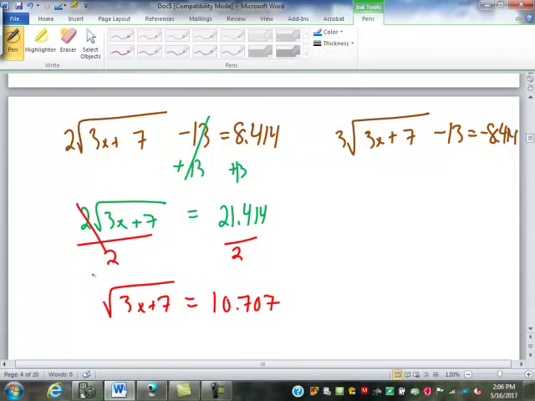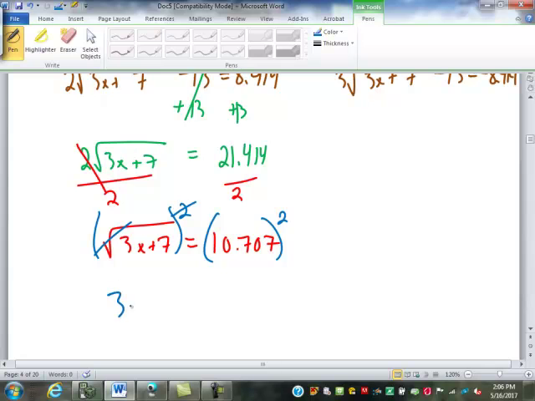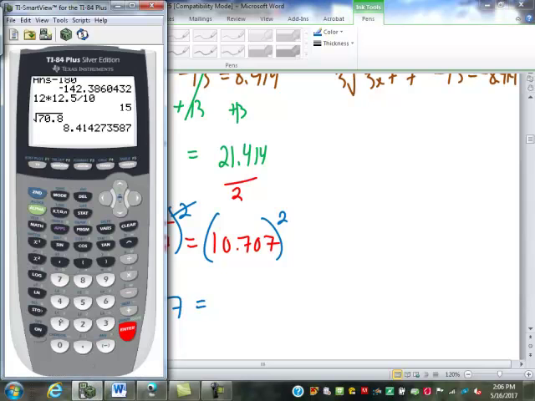I have to get rid of the square root, so I'm going to have to square it. Square root and squared cancel out. This is 3x plus 7 equals 10.707 squared. 114.640, we're going to call it.